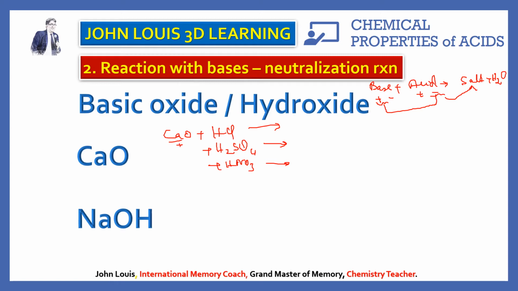Calcium oxide is a base, hydrochloric acid is an acid. What is the positive ion in the base? Calcium. What is the negative ion in the acid? Chloride. Therefore you get calcium chloride. Calcium valency is 2, chloride valency is 1. That's why we get CaCl2, plus we get H2O. Then you need to balance the equation.